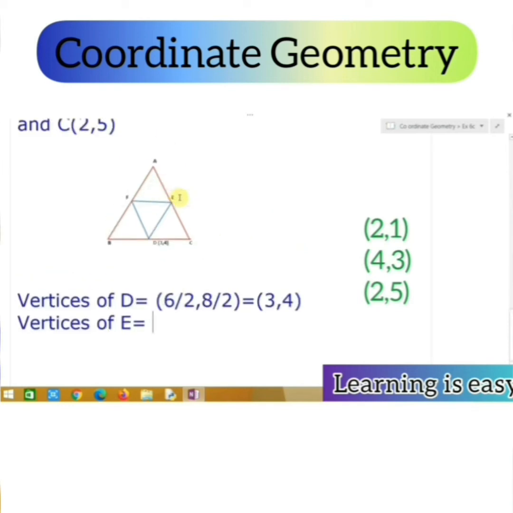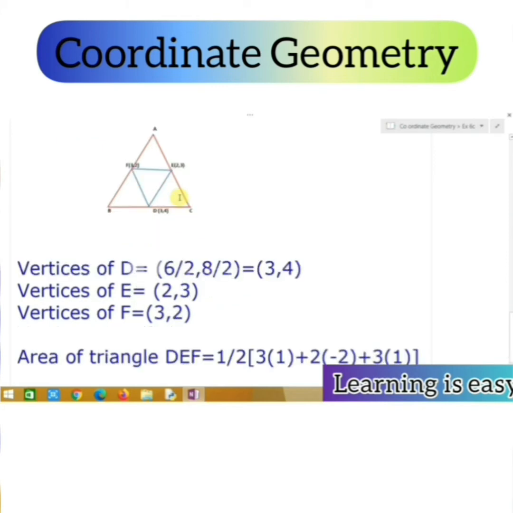Similarly, for E, that's going to be 2, 3. And for F, it's going to be 3, 2. So now we have the coordinates of the triangle DEF. With that, we can calculate the area of the inner triangle.